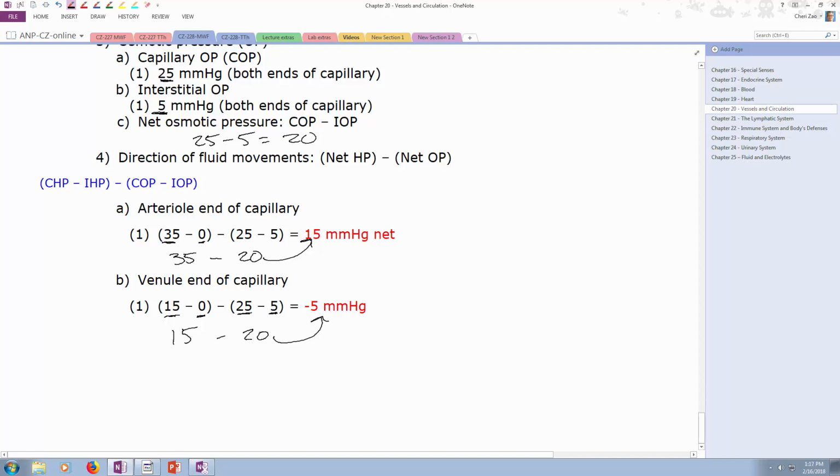And that gives us a dilemma because that number should have been negative 15. And what this is telling you is that there actually is, and this is an important part of capillary dynamics, a fluid left over in our interstitial spaces of our capillary beds whenever blood moves through a capillary network.